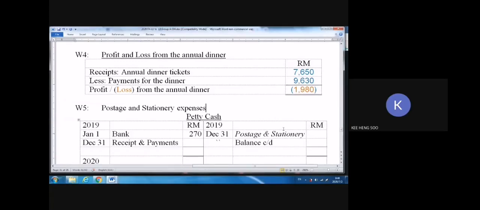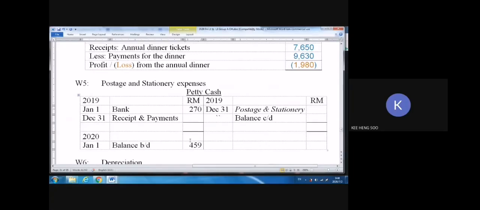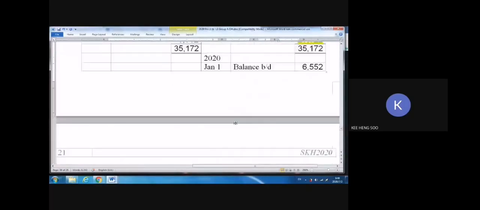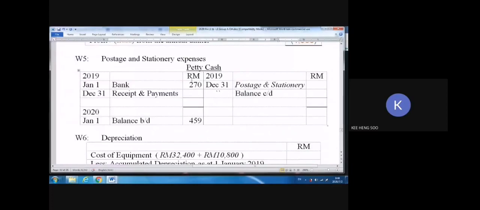And postage and stationery. Listen here. Just now in the note number 3, petty cash is for postage and stationery. Do you see petty cash? So 270 and 459 is given here. And don't forget you got 900 here.